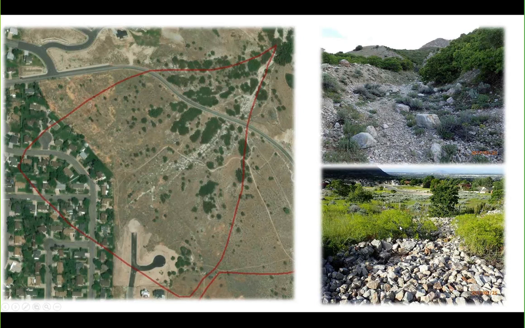One other interesting thing to note, you can see these houses kind of in the background of this photo. Now these are just off of the photograph on the left, the aerial. They're just below here. But when we were out in the field, we saw that many of these homes had a pile of boulders kind of in their yard. It looked like just a spoil pile they were getting rid of.